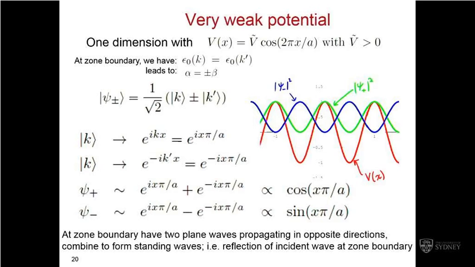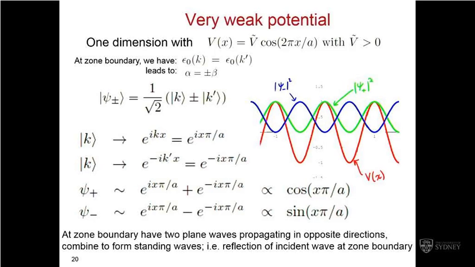So you can write your wave function as being equal to 1 over square root 2, that's the normalizing factor, times k plus or minus k dash, corresponding to plus beta or minus beta. Where what we mean is the k, this is in reciprocal space. In real space, it's just a plane wave, e to the i k dot r. And we're at the zone boundary, so for k we just put in pi on a. And over here, for the negative case, the k dash, we just have this situation here.